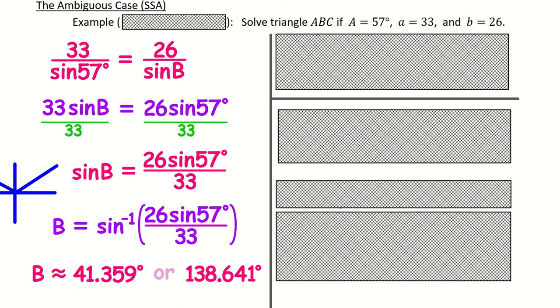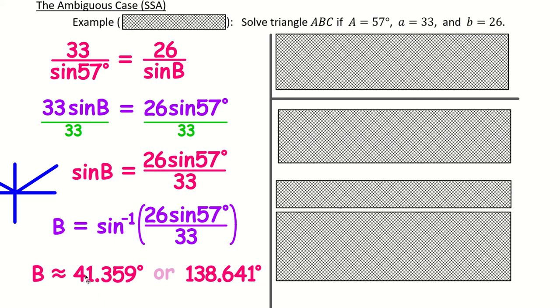Now, here's what you have to do next. You have to figure out, is there really two answers though? Would 138.641 degrees actually make sense? Could that be my angle B?